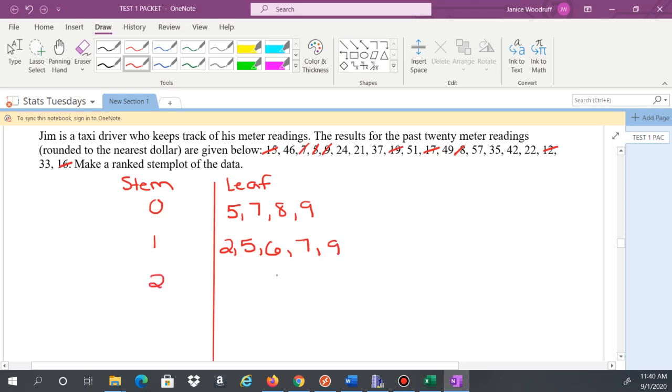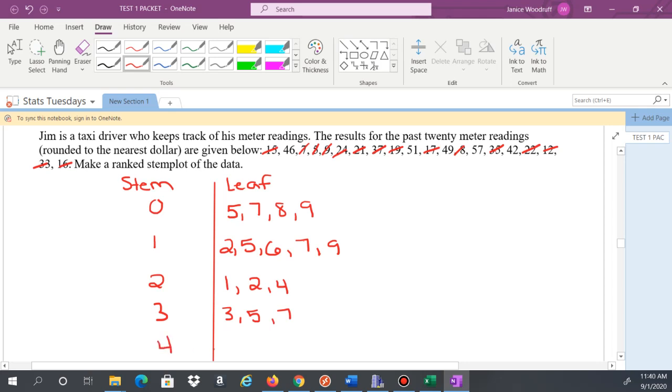Then in the 20s, I have a 2, 1, 2, 2, 2, 4. Then in the 30s, 33, 35, 37, so 3, 5, and 7 there.